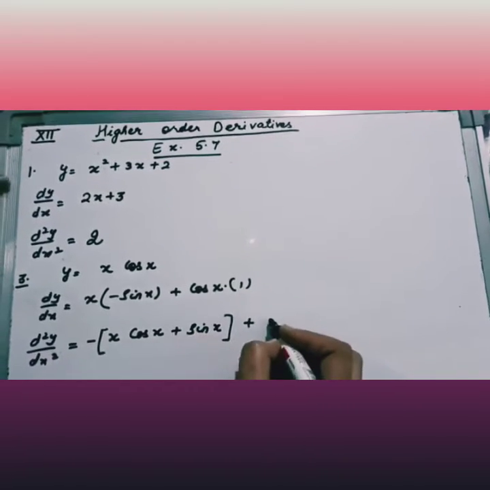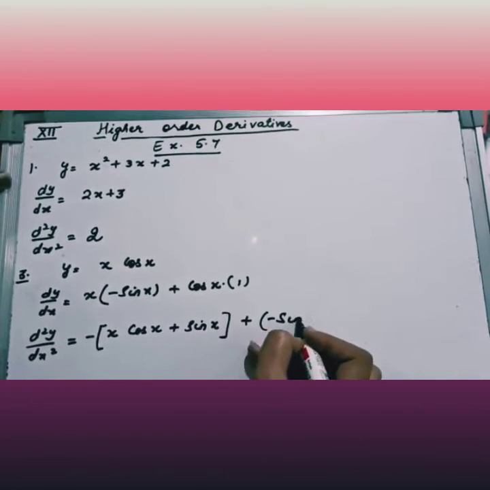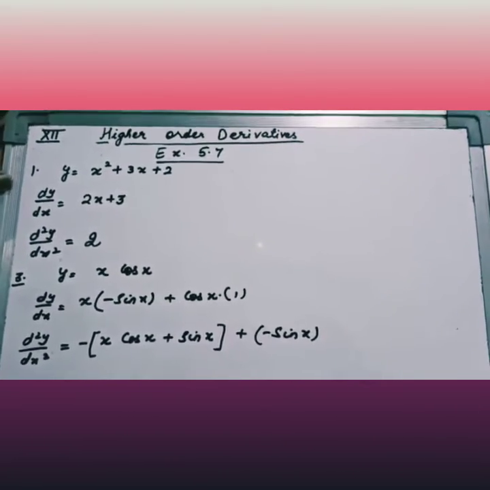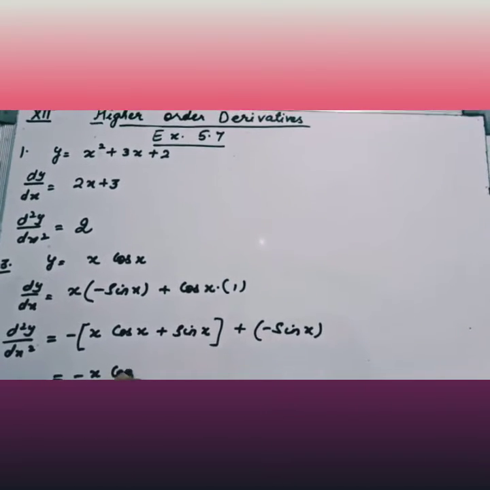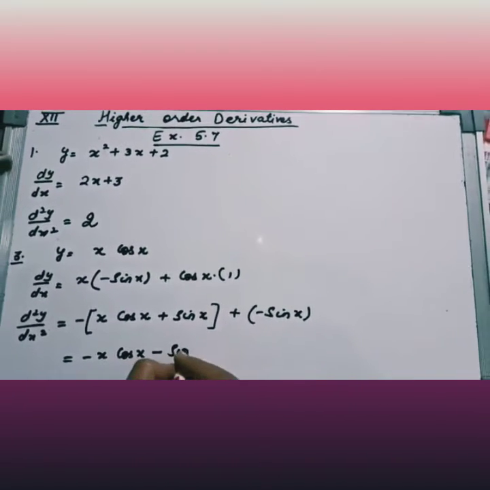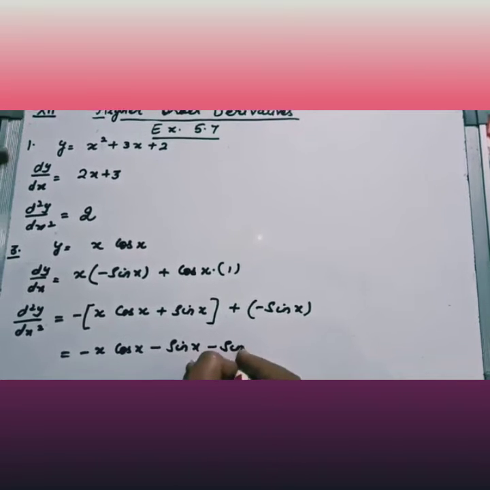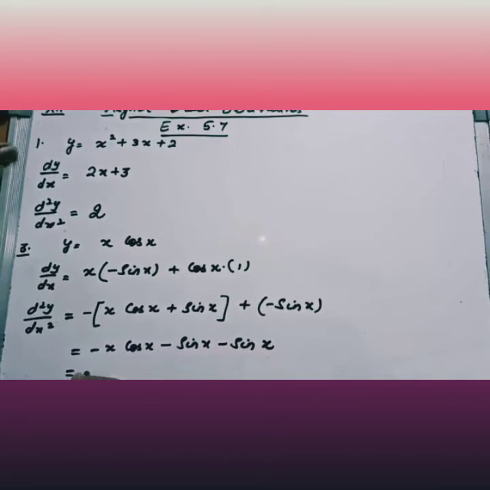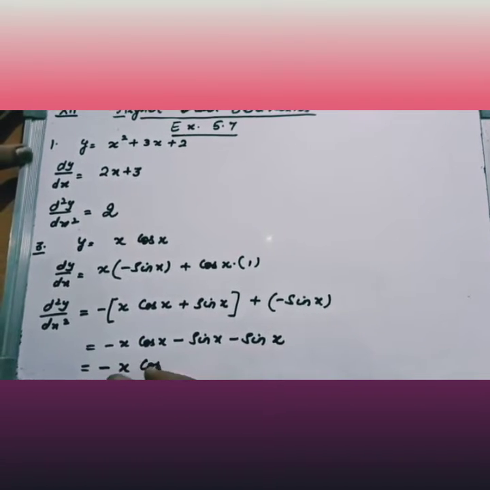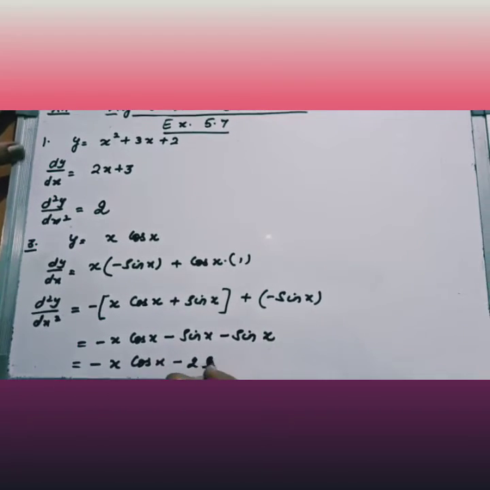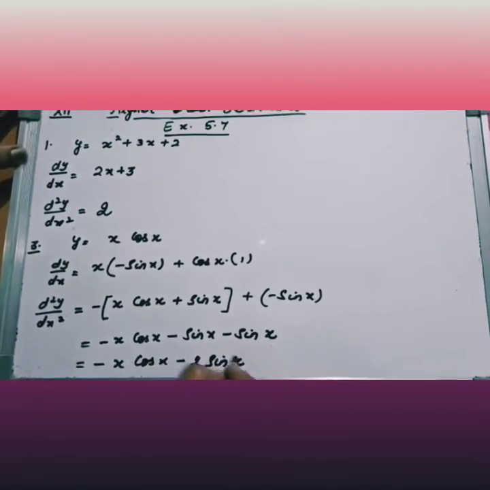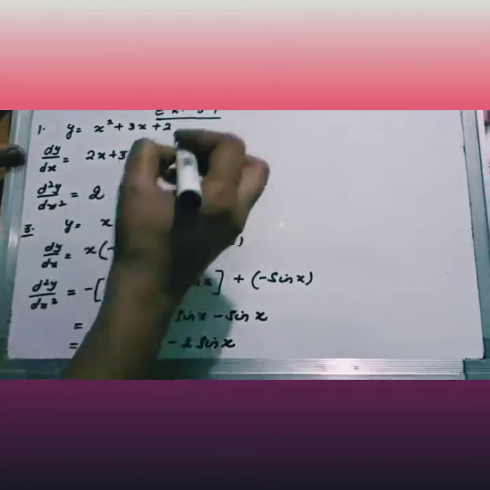And this cos x derivative is minus sin x. So our answer is minus x cos x minus sin x, and it can be written as minus x cos x minus 2 sin x. So this is the second order derivative.